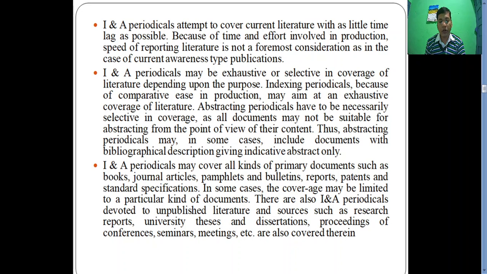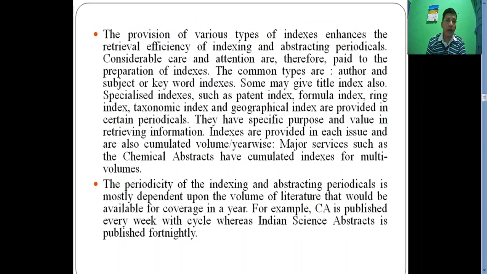There are also indexing and abstracting periodicals devoted to unpublished literatures and sources such as research reports, university theses and dissertations, proceedings of conferences, seminars, meetings, etc. are also covered therein.